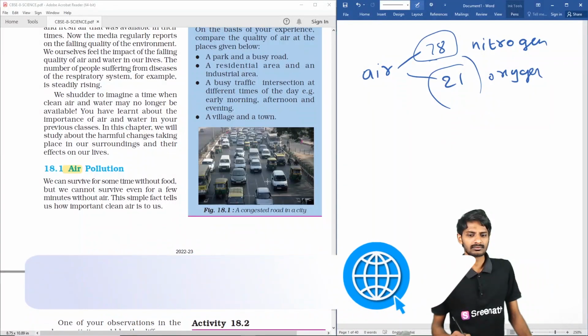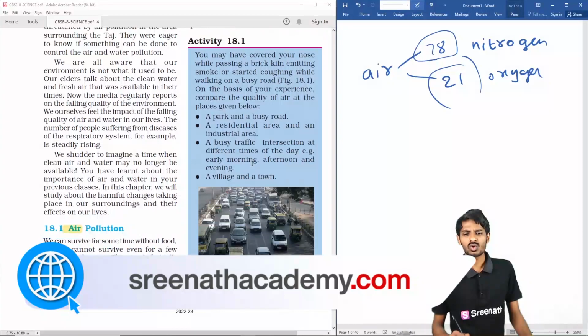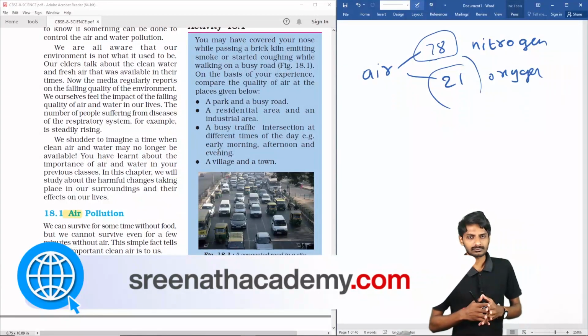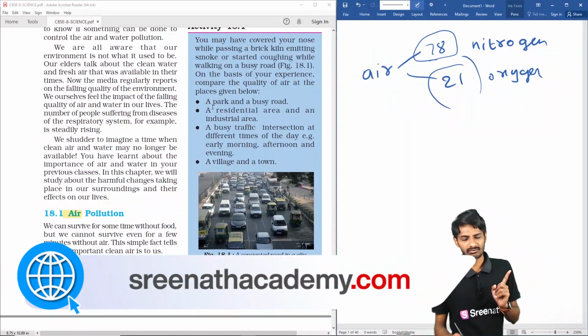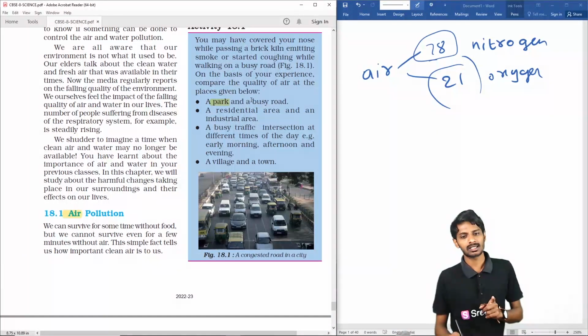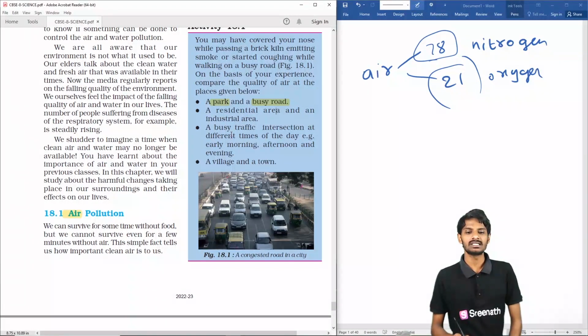if you see here, there are so many cars on the busy road. Have you ever experienced these two types of situations? At one time you are in a park, and another time you are on a busy road; at one time you are in a residential area, at another time in an industrial area; at one time you are at a busy traffic intersection, in the early morning or afternoon, and at another time you are in a village, and at another time in a town.